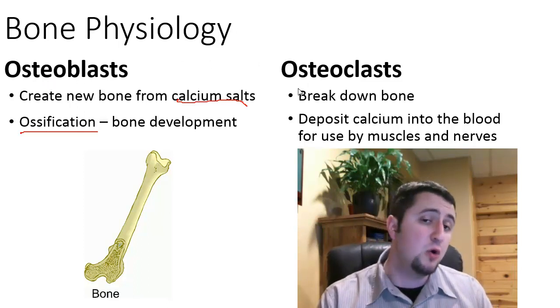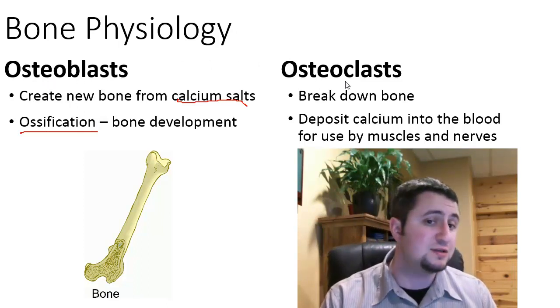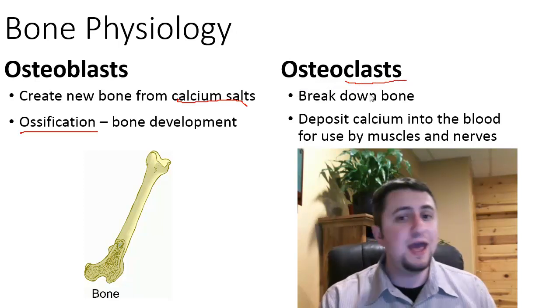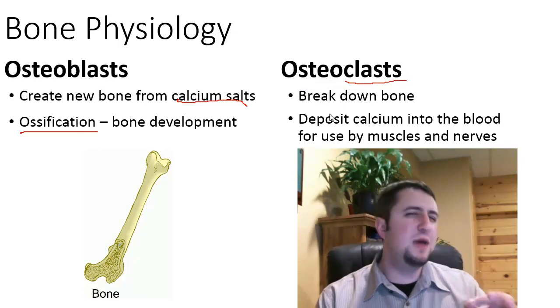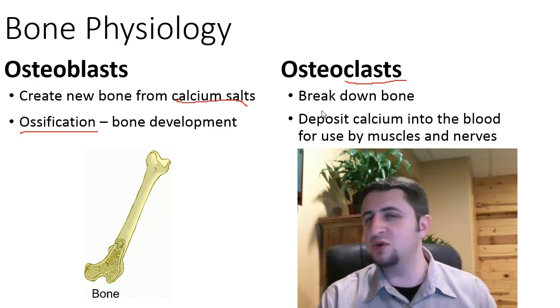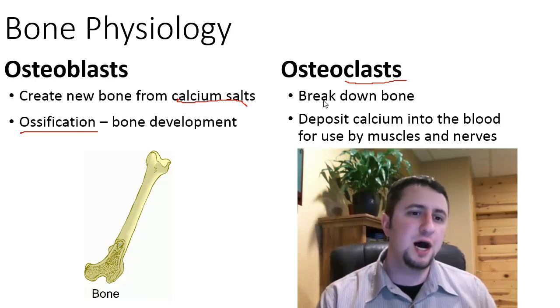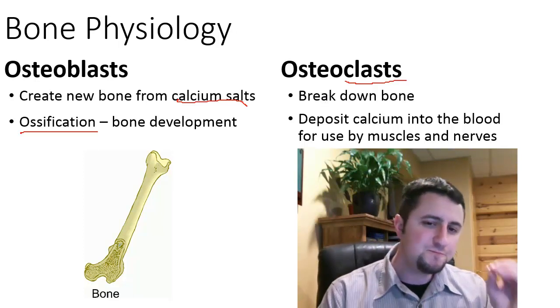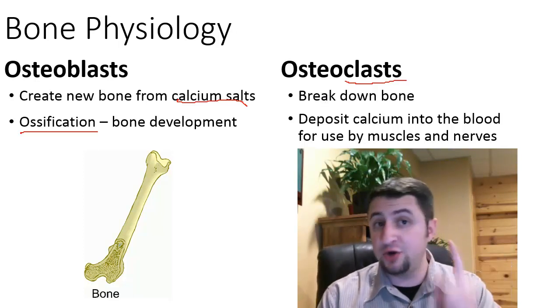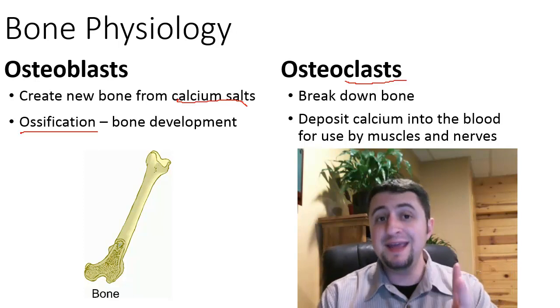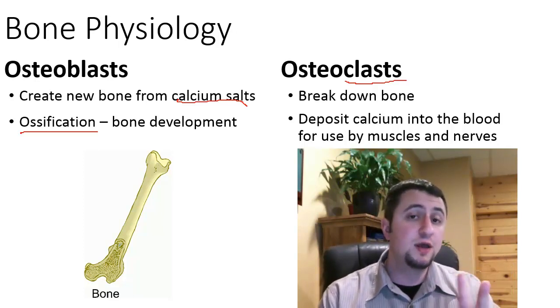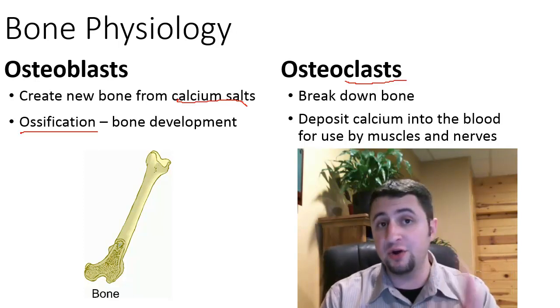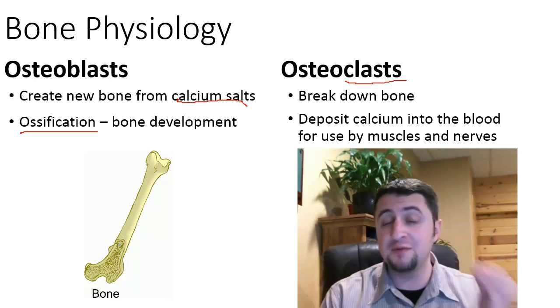Now, in your bones, you also have these cells called osteoclasts, and those break down bone. And you may be wondering, why on earth would you want to break down bone? Bones seem pretty important. Well, it just so happens that our nerves and our muscles need calcium in order to work. So basically, our nerves and our brain need calcium in order to work.